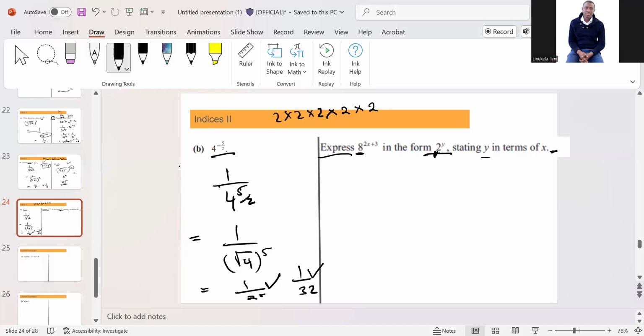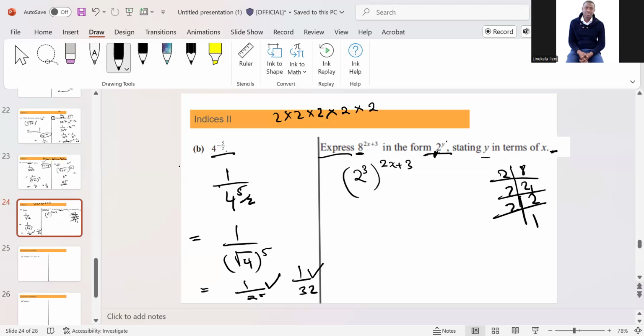We are not solving, we're just expressing. So here, what you need to do is, again, your prime factorization, because you want to get that. And then you know it's 2 to the power of 3, so I can write that as 2 to the power of 3, 2x plus 3.